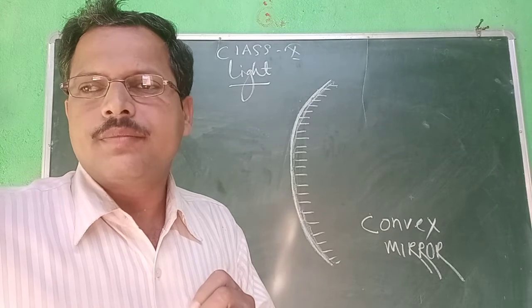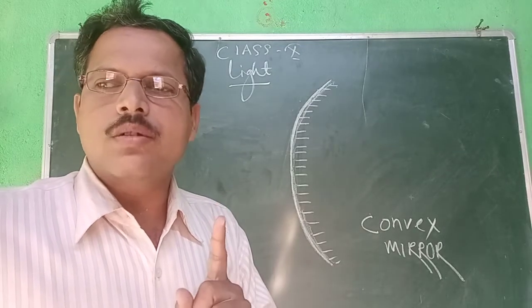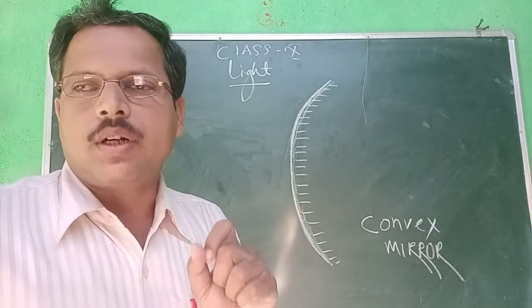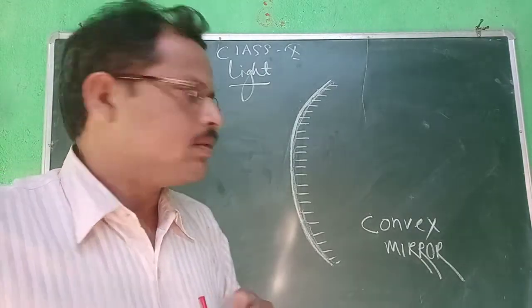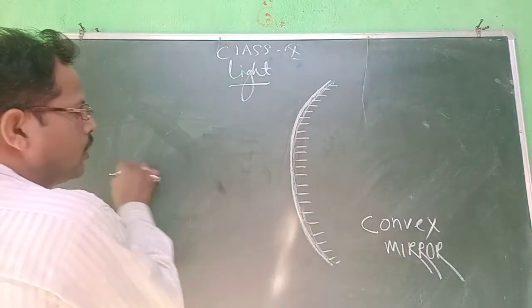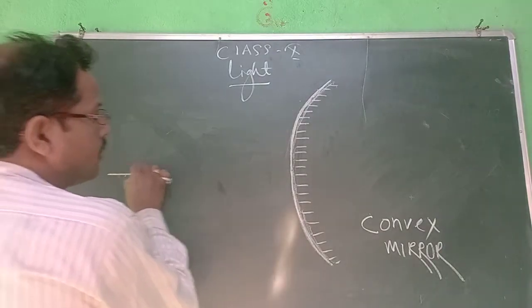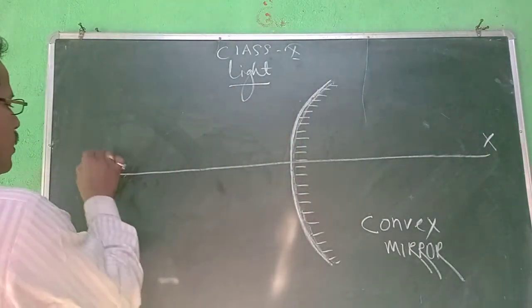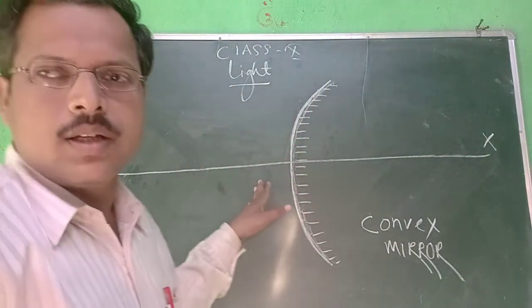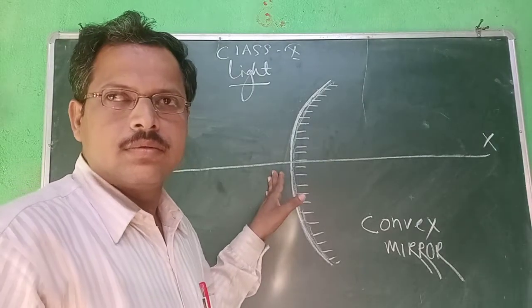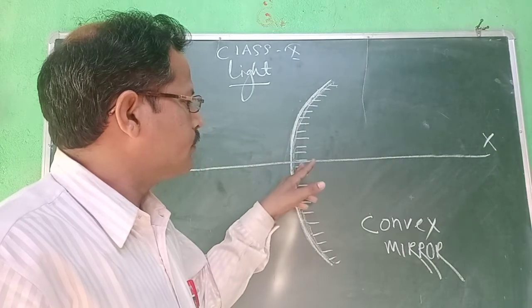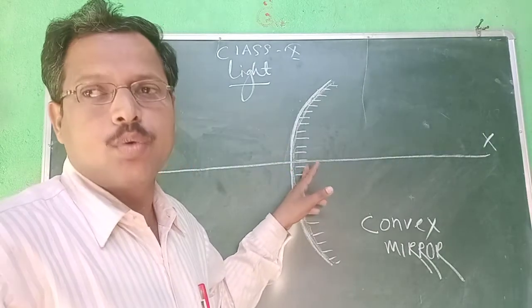Next, the nomenclature, the different terms connected with the mirror. You must remember these. First, the principal axis is the line going through the middle of the mirror. It intersects the mirror at the pole.